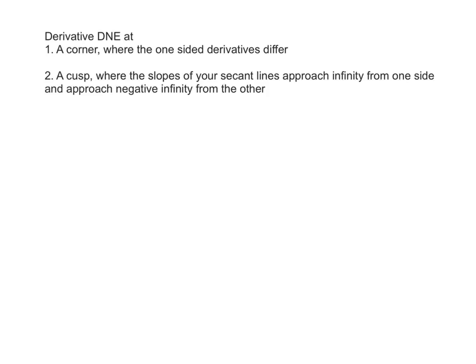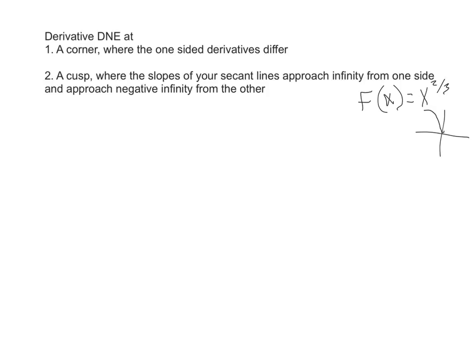Where the slopes of the secant lines approach infinity from one side and approach negative infinity from the other side. In other words, my slopes of the secant lines are going to be approaching positive infinity, a negative infinity.